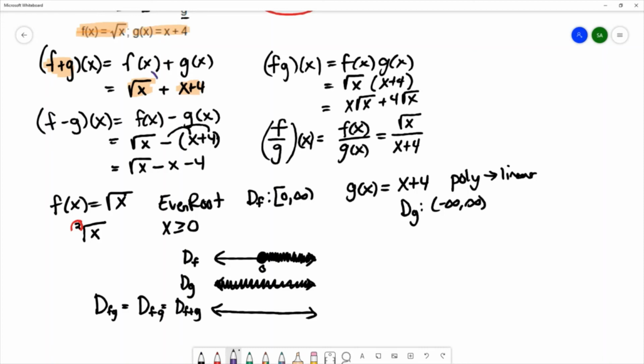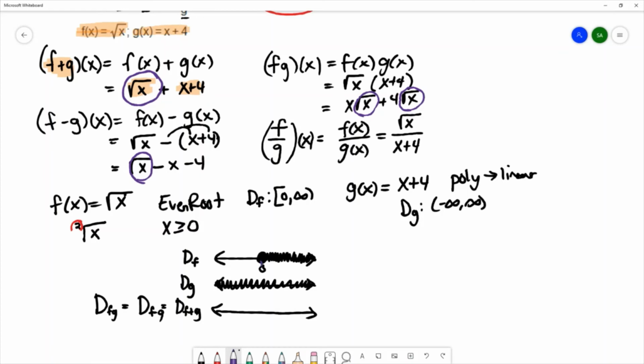In f plus g, we have the square root. In f minus g, we have the square root of x. In f times g, we have the square root of x. So on every single one of those, I have the square root of x. So that limits the values of x that I can choose.